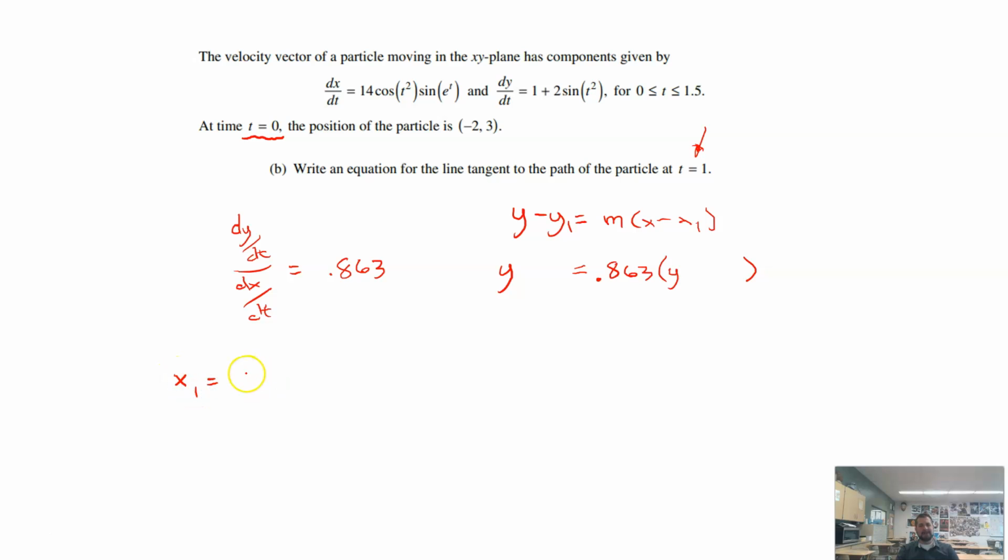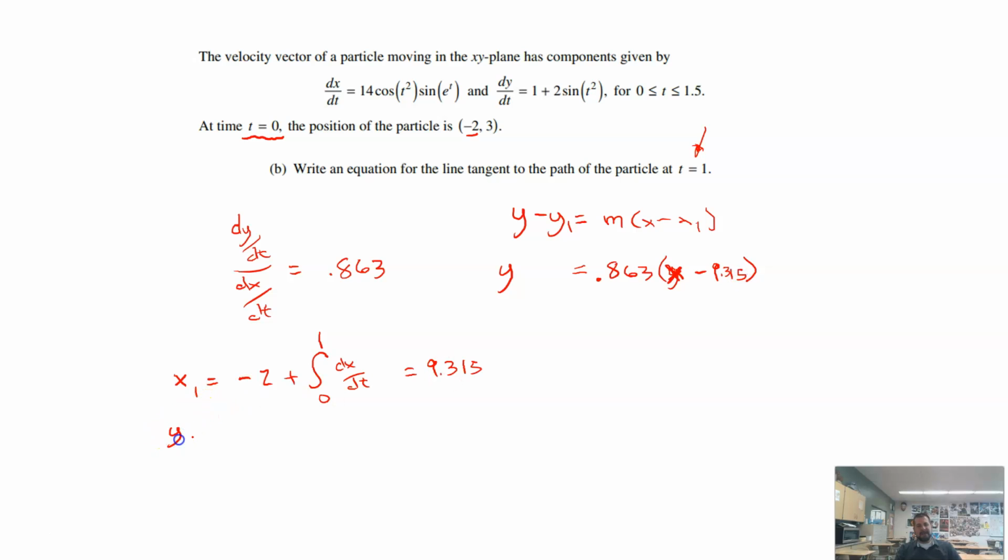If I'm looking for x1, I would take negative 2, which is the x-coordinate at time equals 0, plus the integral from 0 to 1 of my dx/dt. And when I do that, what I get is 9.315. Oops, this is supposed to be x right here, not a y. So that is my x1, 9.315.